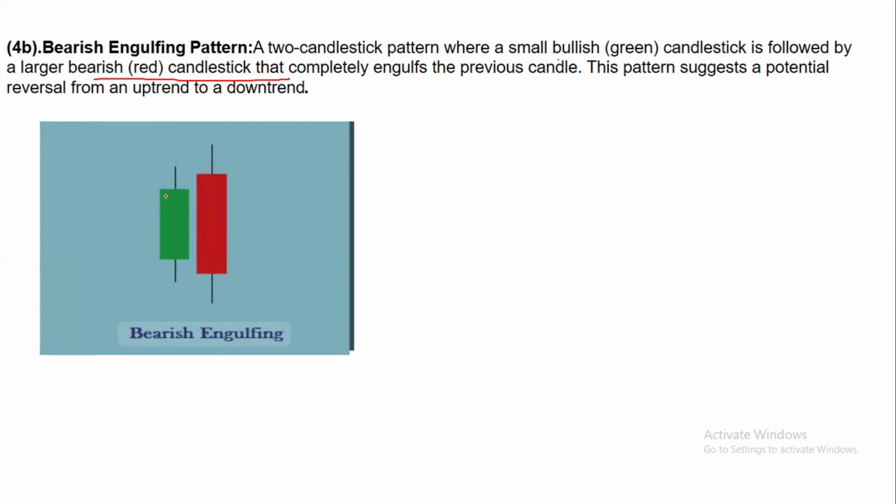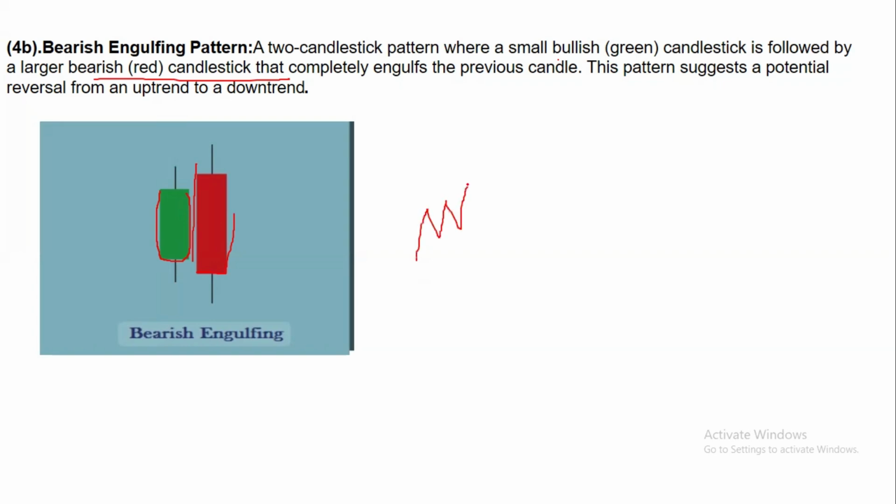This is what happened here. It is a small green candle, that is a bullish candle, and there is a larger bearish candle. It completely engulfs the bullish candle, and this signifies that there is a potential reversal to the downside.